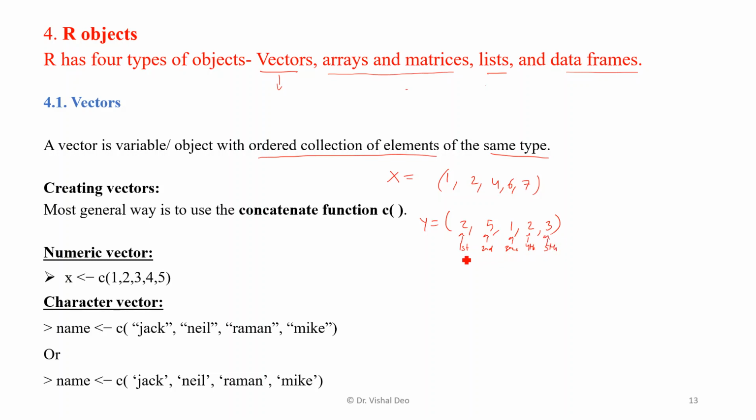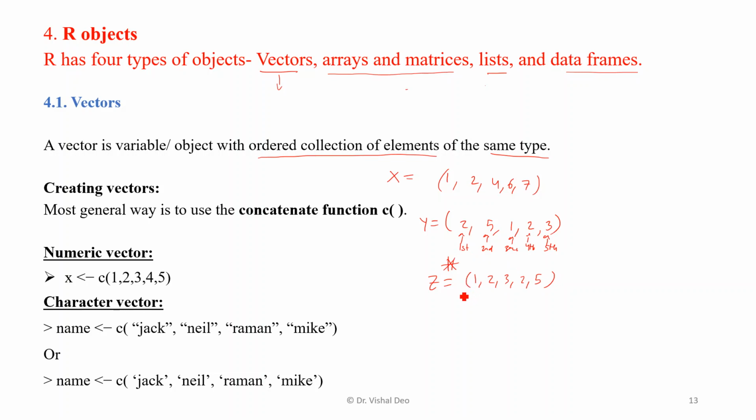Position is very important when we are going to use indexing. So basically we say that the first element of y is 2, second is 5. Even if we use the same set of elements but write them in a different order, then this vector is not the same. y and z are not the same because the order of the elements has changed.